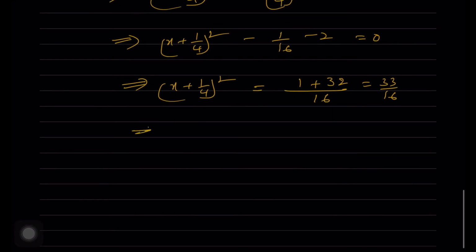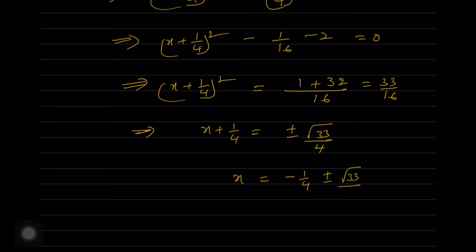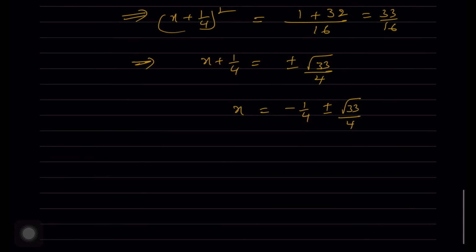Which implies that x plus 1 by 4 is equal to plus or minus root of 33 by 4. X is equal to minus 1 by 4 plus or minus root 33 by 4, which implies that x is equal to minus 1 plus or minus root of 33 by 4.